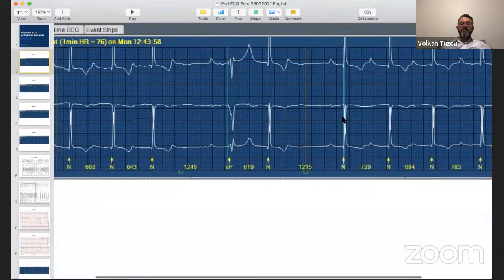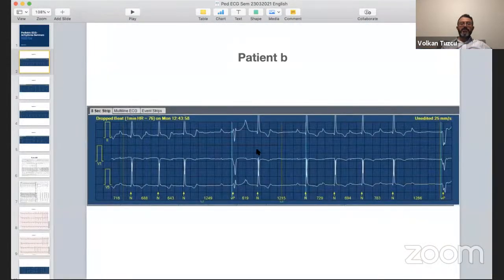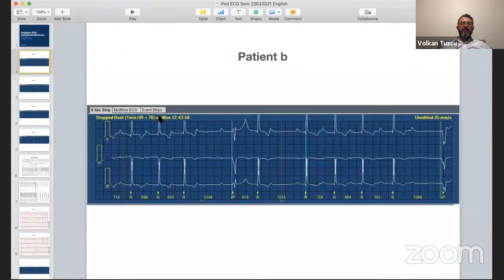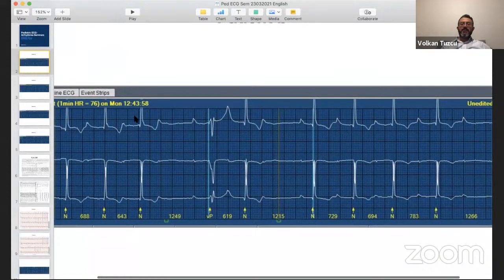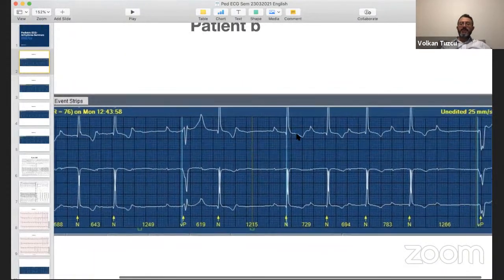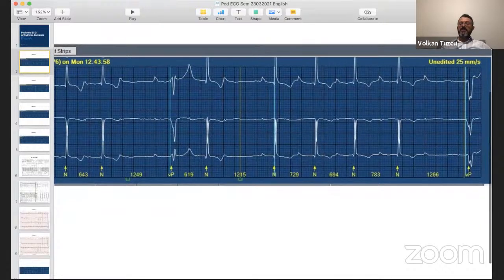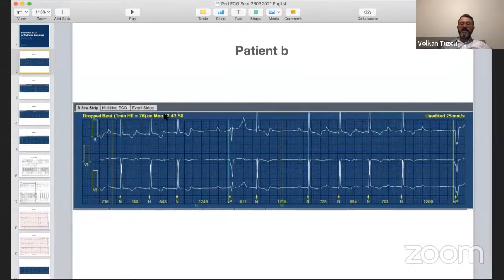Does this patient have a pacemaker? But if you just look at this page, okay, we will comment on this part of the rhythm, but if you look at this QRS being different before this spike, okay, there's another spike here. The QRS actually is not different, but there's another one at the end, a third one. Again, this looks like the same QRS. So actually this patient looks like it has a pacemaker, right?